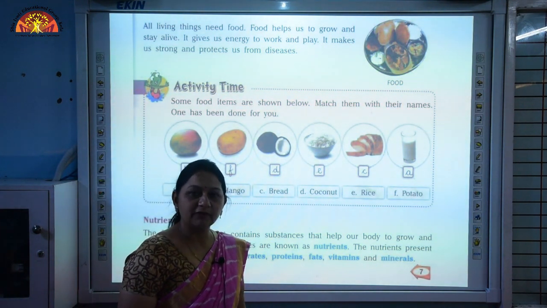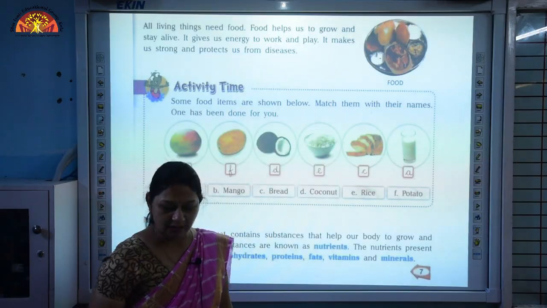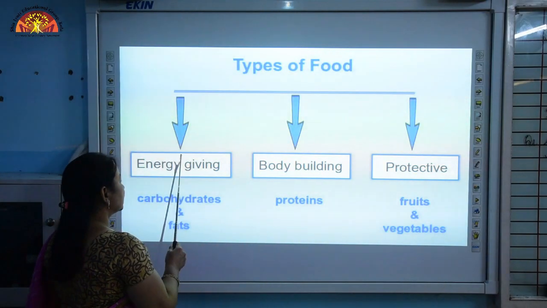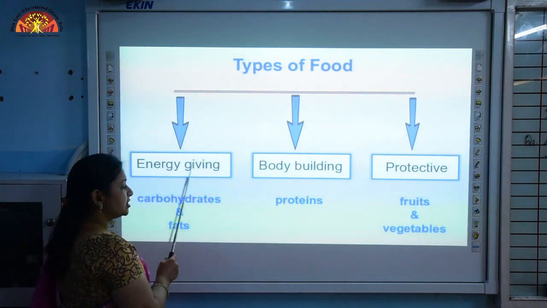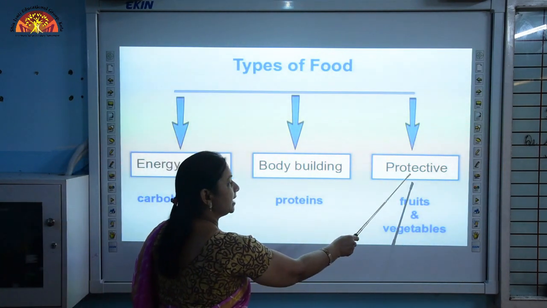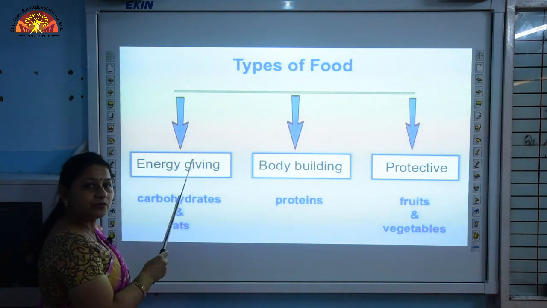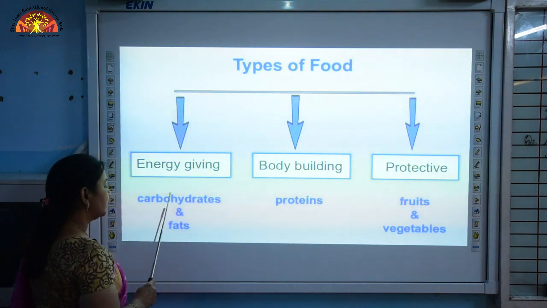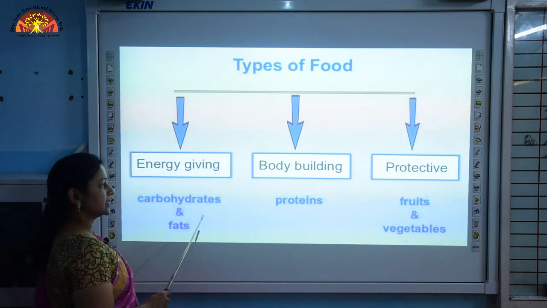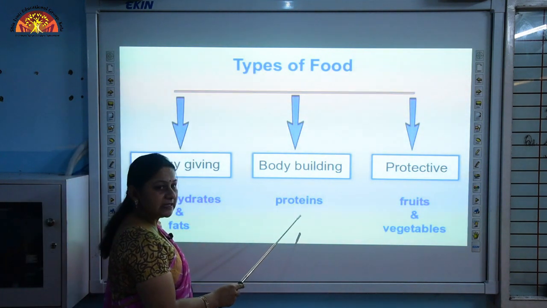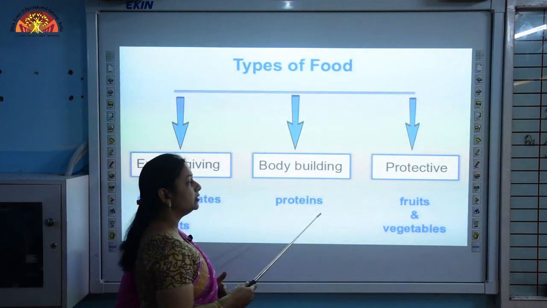Let us understand with the help of a flow chart. Now the nutrients are divided under 3 categories, that is energy giving, body building and protective. Under the energy giving, we have 2 types of nutrients, that is carbohydrates and fats. Under body building come proteins, because proteins help our body to build up.